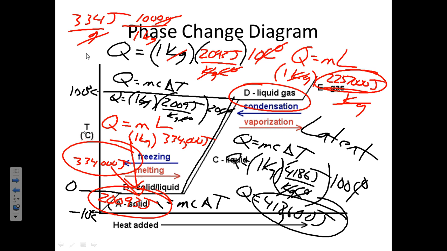Now, it would make sense for you to know the specific heat of water, 4186, because you use that all the time. But no, you don't have to memorize the constants. But remember, again, there's two L's. If we're going from a solid to a liquid or from a liquid to a solid, what's that L called? Heat of fusion. If we're going from liquid to gas or gas to liquid, it's called heat of vaporization. Two different numbers, completely.